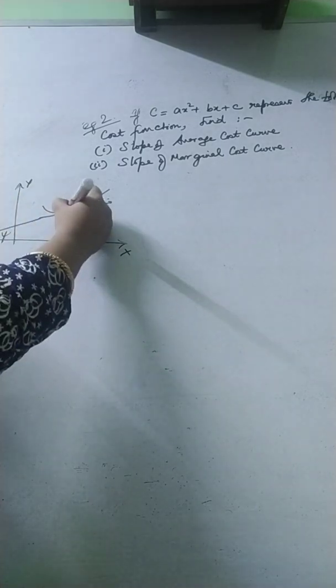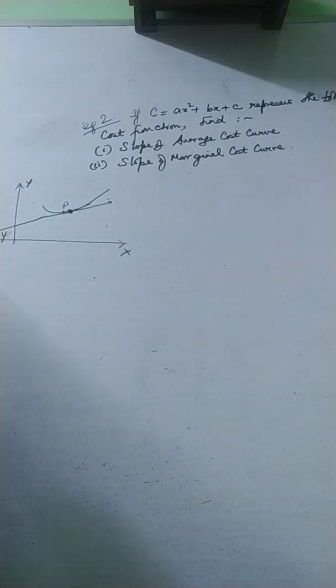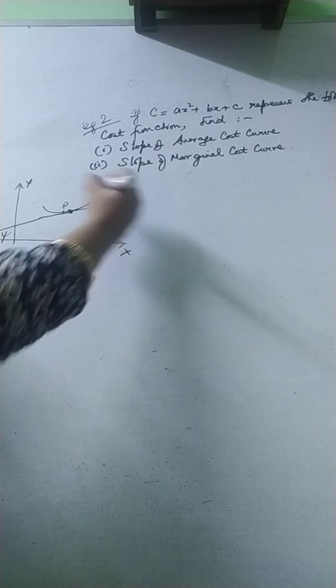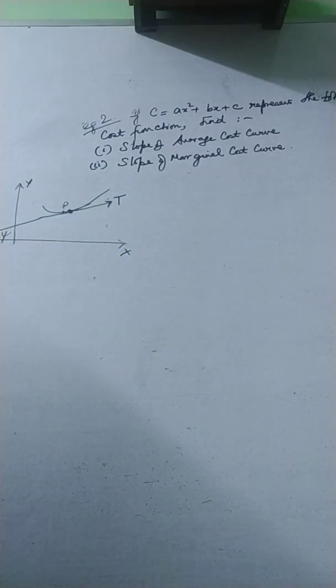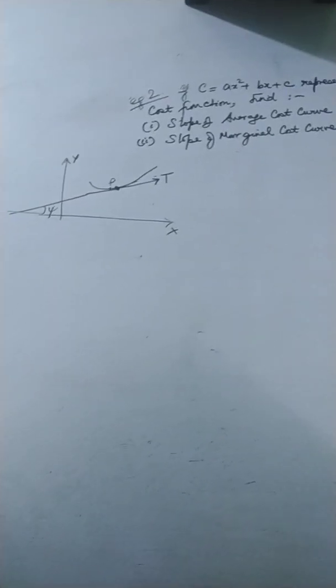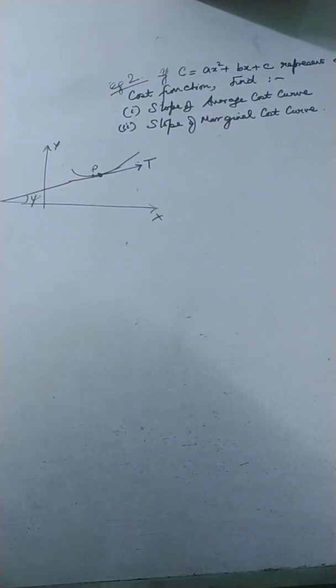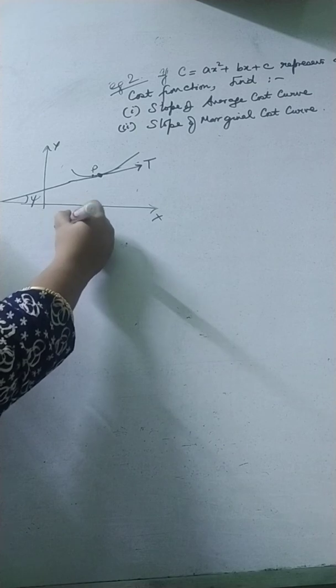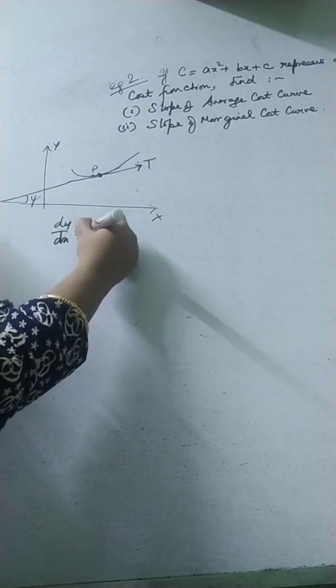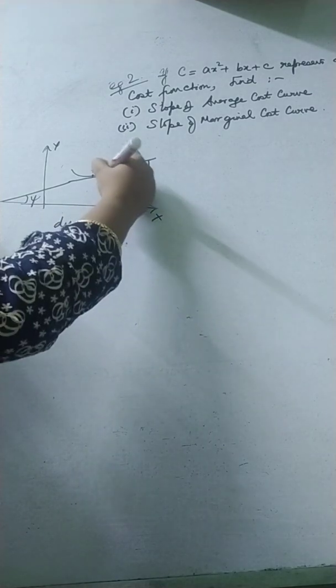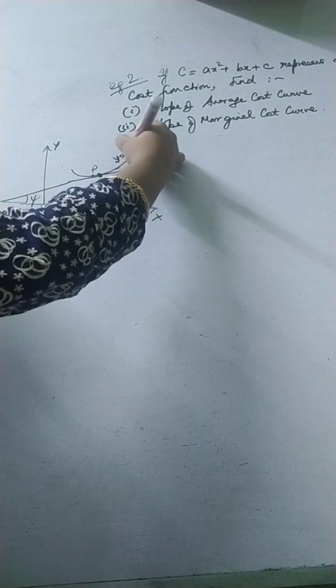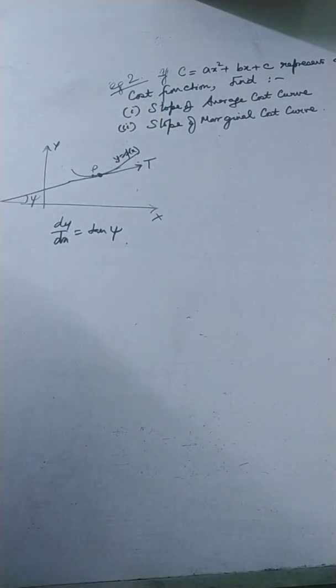The tangent PT at the point P makes an angle of psi with the positive x-axis. Then, according to the geometrical interpretation of derivative, what did we have? dy/dx is equal to tan psi. This gave us the slope of the tangent to the curve at the point P.